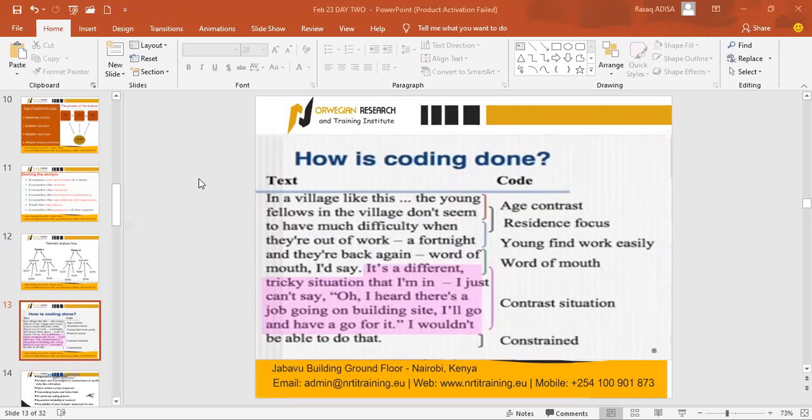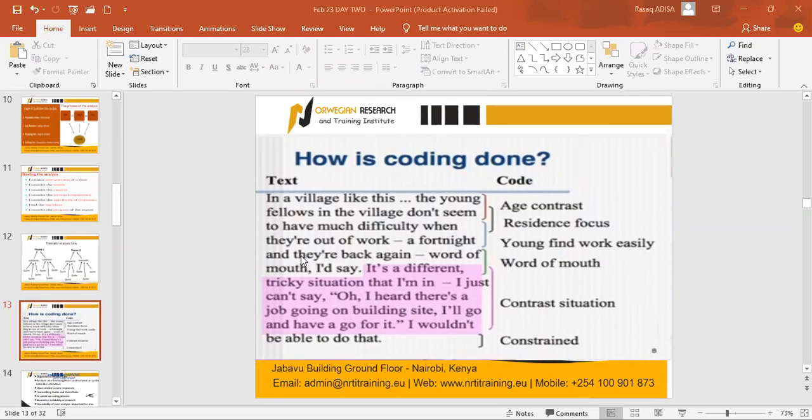Coding is a very important aspect that must be done rightly. If coding is not done rightly, the findings will be affected, because this is where the answer can be derived. This is where the contributions can be derived. Even the graphical model that is going to be derived, this is where it is going to be derived. So everything boils down to the code.